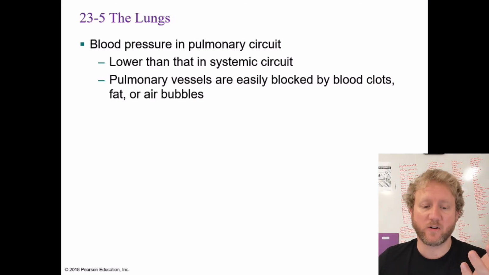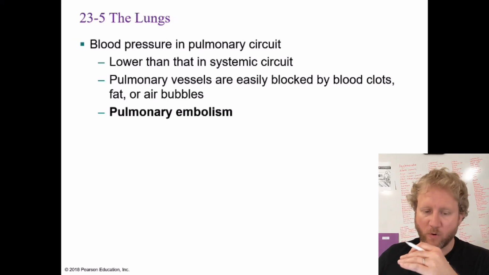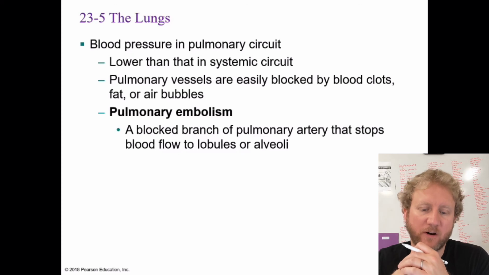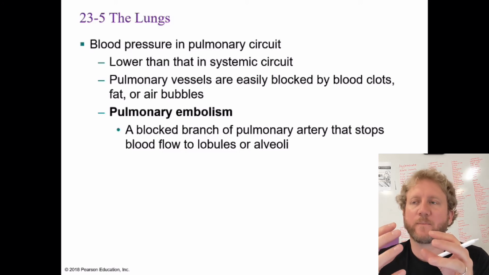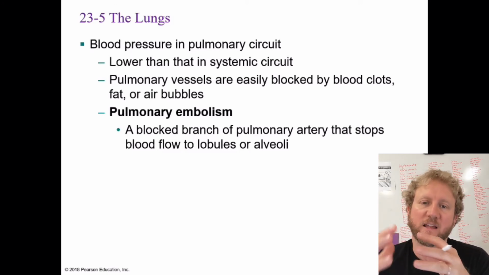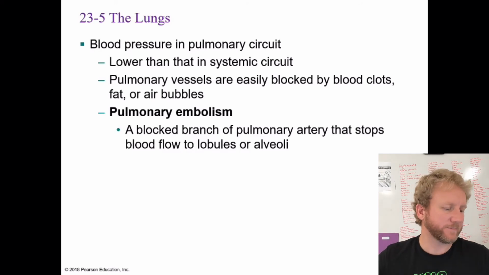Blockages of these pulmonary arteries are known as pulmonary embolisms, where we've blocked one of the branches of the pulmonary arteries. That stops blood flow to the lobules and the alveoli, and then those tissues can start to die, and that restricts your gas exchange capacity.